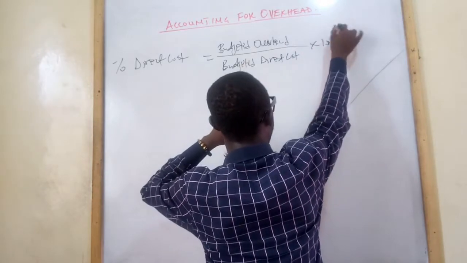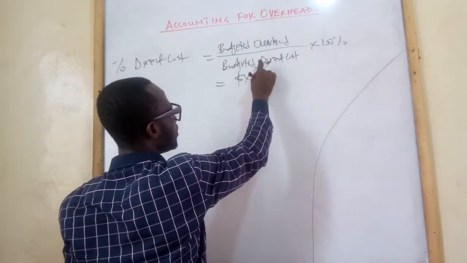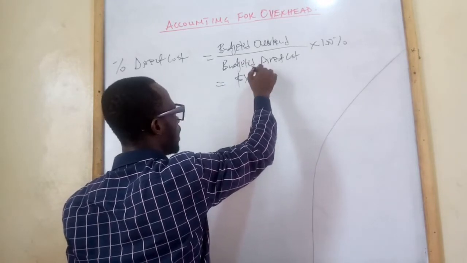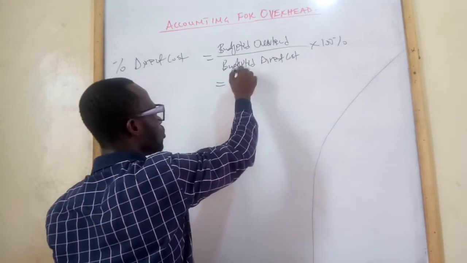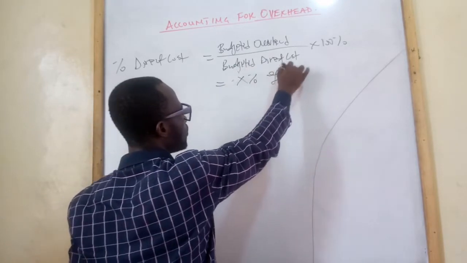So we multiply that by 100 and the answer we get is going to be a percentage. So X percent of direct cost.